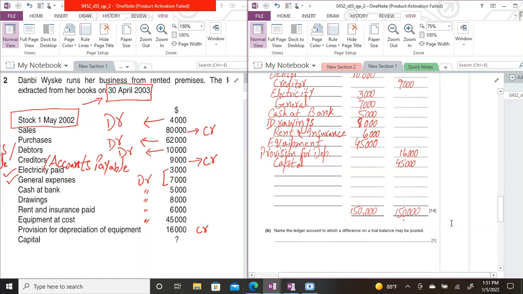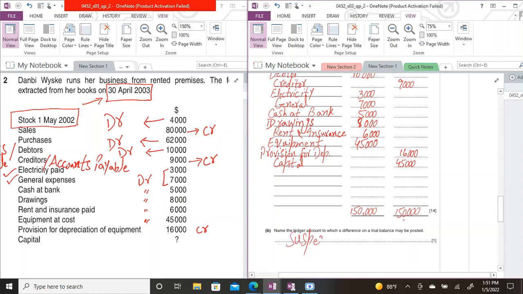Now, part B, they say that name the ledger account to which a difference on a trial balance may be posted. The difference on a trial balance. If still there is a difference on the trial balance, both sides are not equal. For example, the capital value is also given to us and both sides are not equal, then that difference is called as suspense.